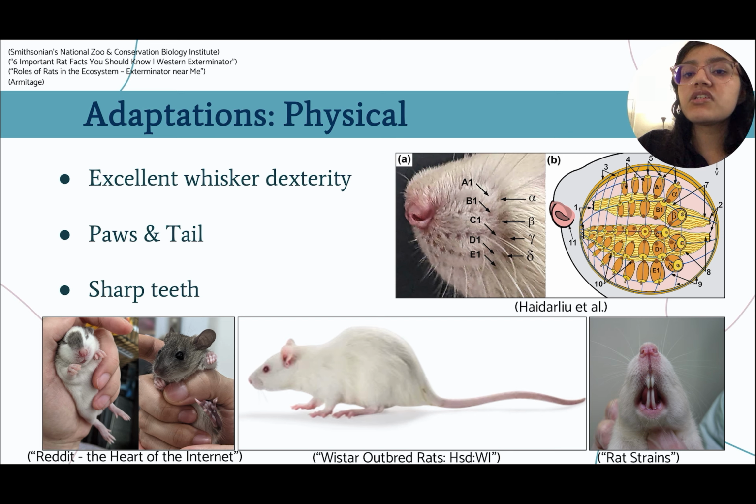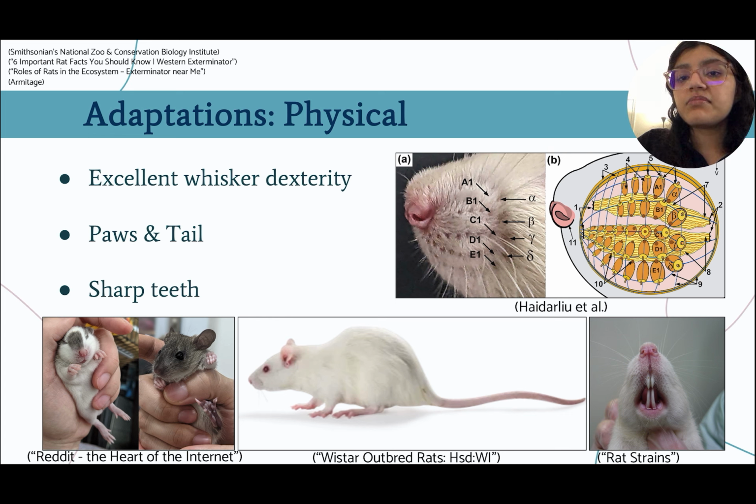These whiskers, along with the paws, allow the Norway rat to sense minute vibrations, which allow the rats to communicate with each other. These whiskers also help the rat be aware of its spatial surroundings, as they make up for their poor eyesight by helping with their sense of feeling and sensing.